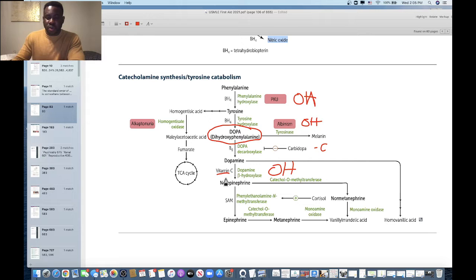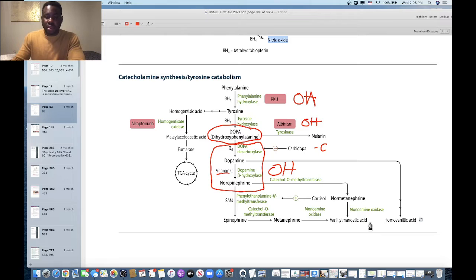The most important and high yield steps here, if I don't know anything, I want to know these two steps. If you can't keep anything, these two. Because if somebody has vitamin B6 deficiency, they can lack all the catecholamines. Catecholamines make us active, right?